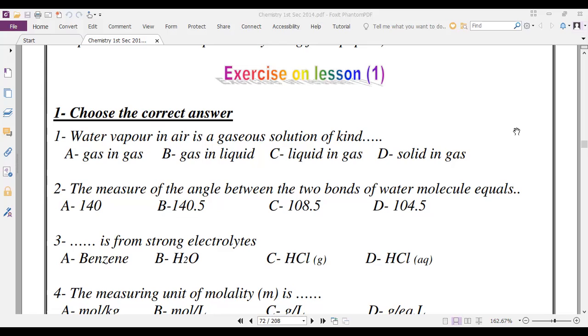Number three, from strong electrolytes, number C, HCl, but aqueous. I mean number D, sorry. Not number C, as a gas it can't be an electrolyte. So it's number D that can be an electrolyte, HCl in aqueous solution. Okay, right.